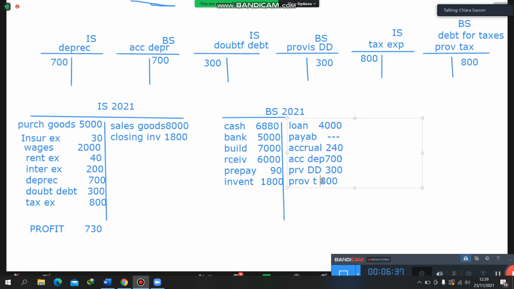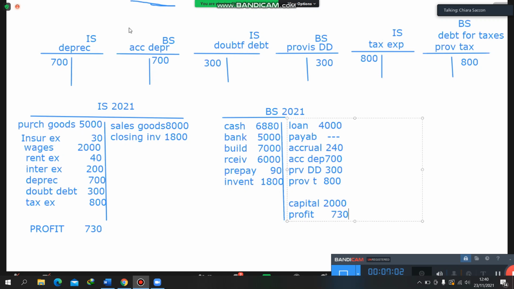And then we have the amount of capital or equity, 2,000. The amount of profit coming from the income statement is 730.